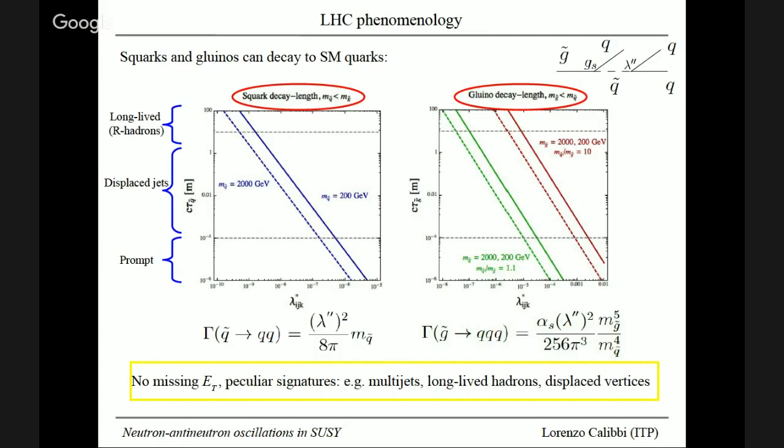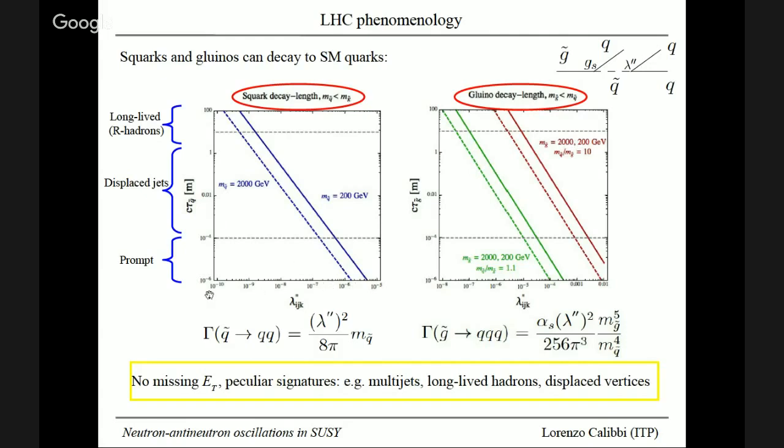Namely, it travels through the detector for a while, through the tracker, and then decays. So the two jets point to a displaced vertex, a vertex which is at a finite distance from the primary interaction vertex.